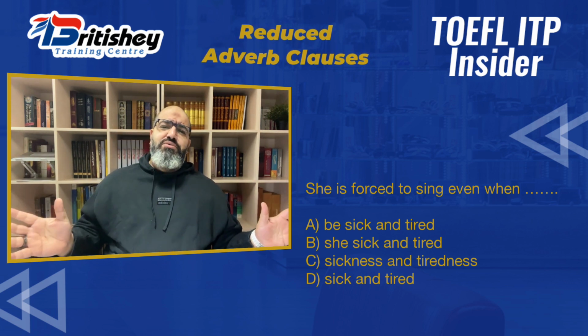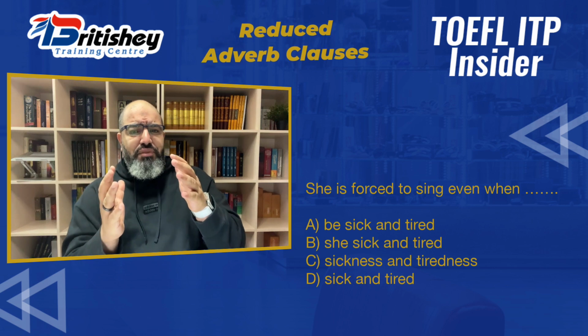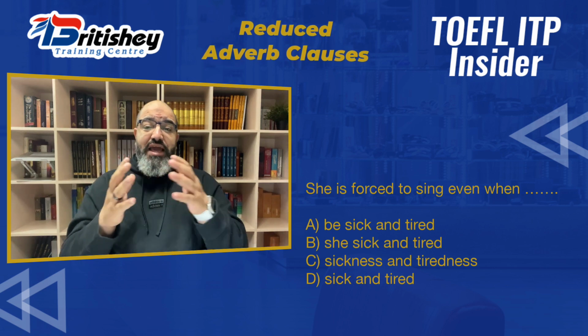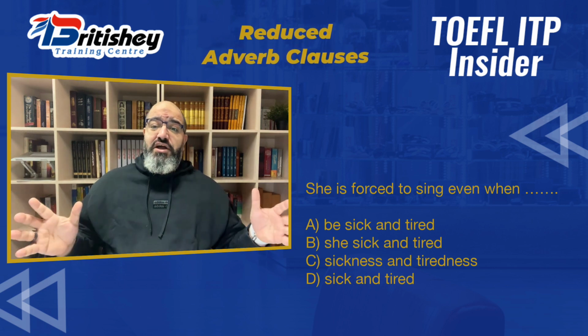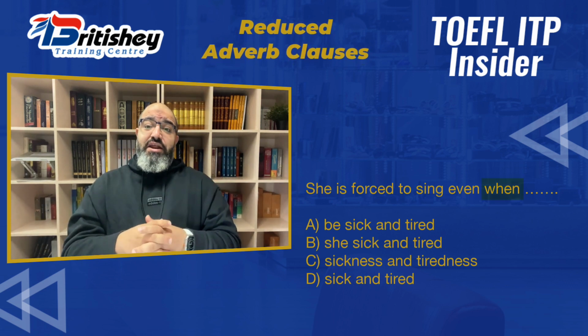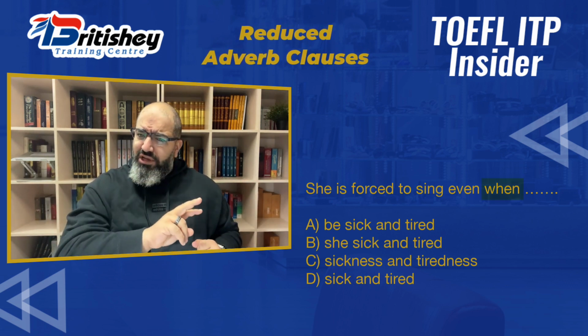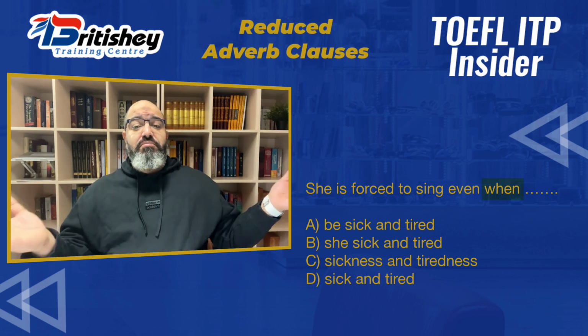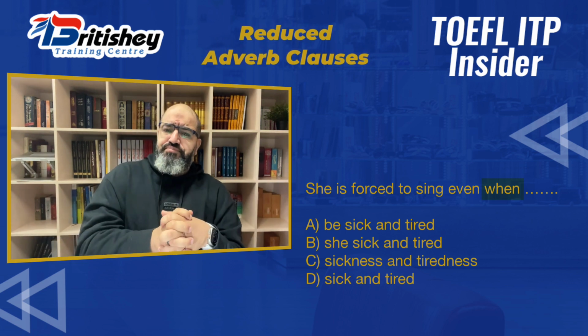Now, in order to approach this question, the first thing you should think about is the adverb connector. And in this scenario, it is when. And after this connector, you have only two options, either a complete clause or a reduced one.